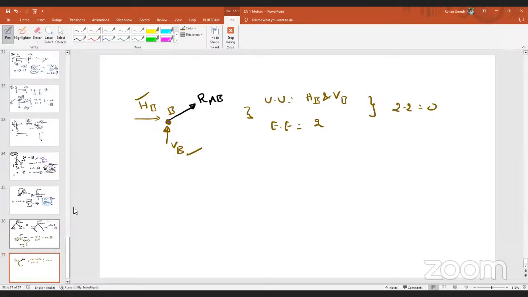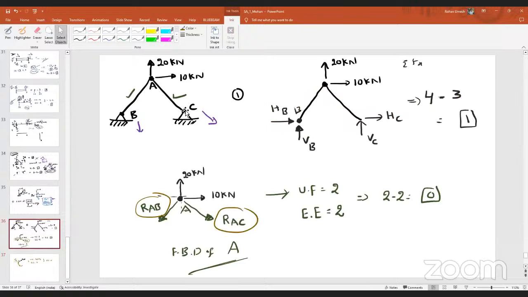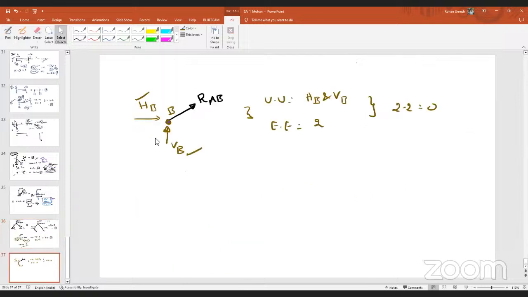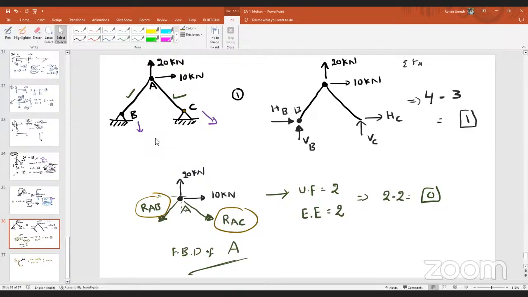Yes, sir. Similarly, can I do it for the support C? Yes, sir. Just like the same thing I did for B, I can do it for C also. That means, did I use any extra equations here other than the equilibrium equations? No, sir. Is it clear? So tell me, determinate or indeterminate in this case?